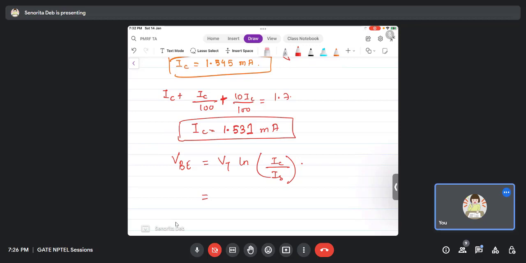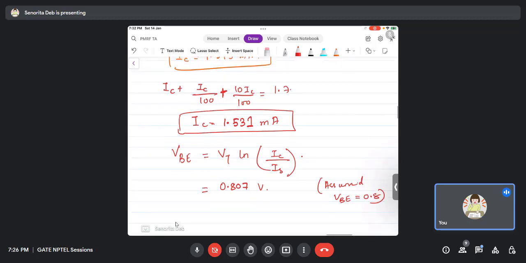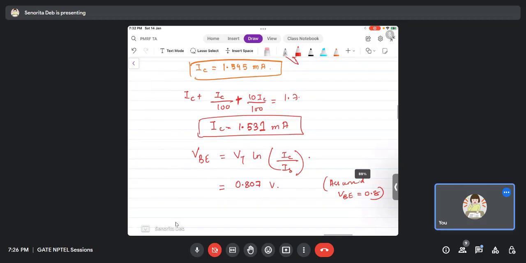Okay, so you get 0.807, which is very much close to the assumed VB of 0.8. Okay, it is almost the same. So the initial guess of VB and the value of IC is reasonably accurate.